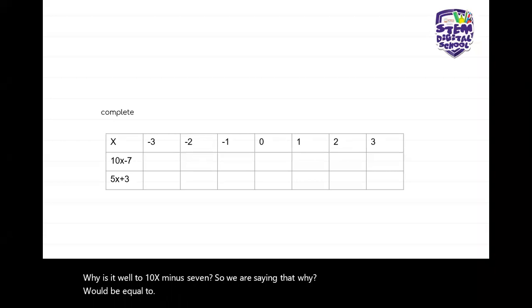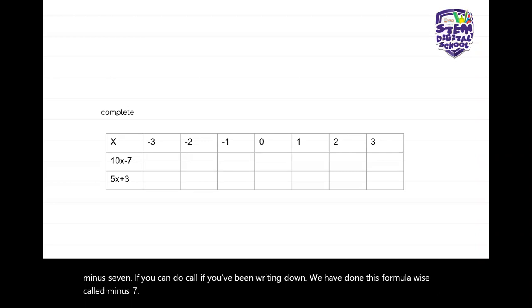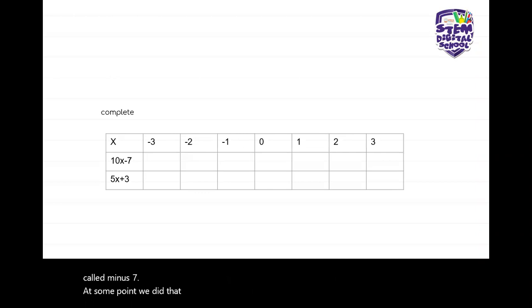If you can recall, if you've been writing down, we have done this formula at some point. 10 times negative 3 gave us negative 30, and then negative 30 minus 7 will be equal to negative 37.